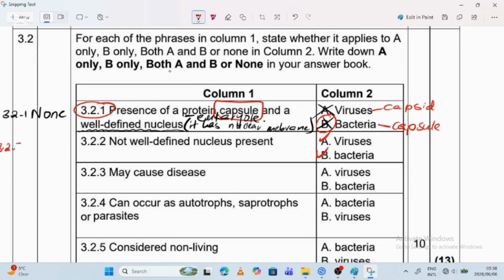So for 3.2.2, both A and B don't have a well-defined nucleus. And then may cause diseases. Some bacteria can cause diseases, and also some viruses cause diseases. So also here, it's both of them. Now this is 3.2.2, and then 3.2.3 is both A and B.